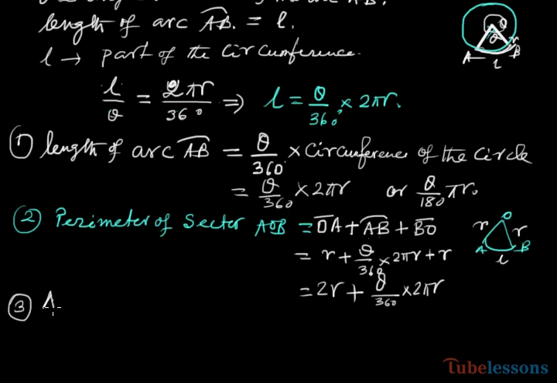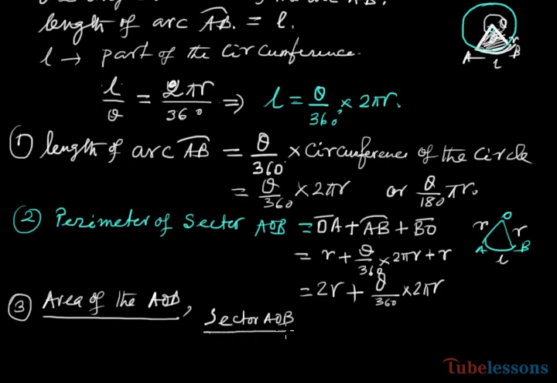Now area of the sector AOB. That means this area we want to find. So here also you make a relation that sector AOB by area of the whole circle.